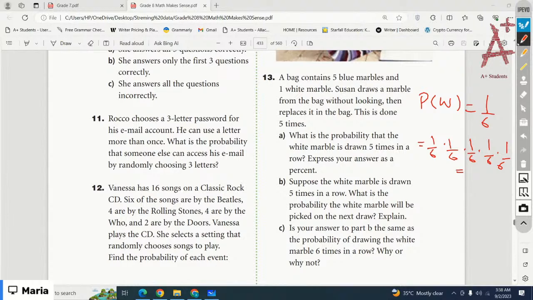That means now you have the probability of white 6 times. So for the B part, you have to evaluate 1 over 6, 6 times. Just evaluate using a calculator. That would be your answer, right?